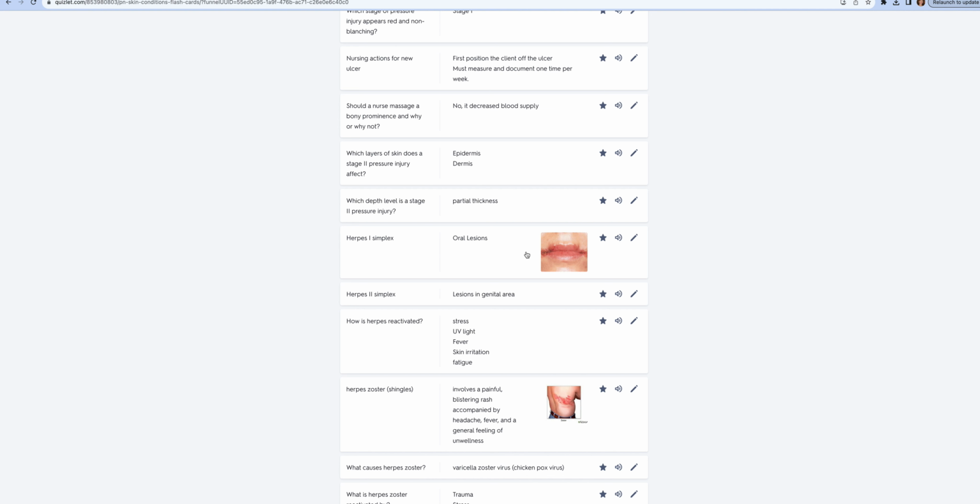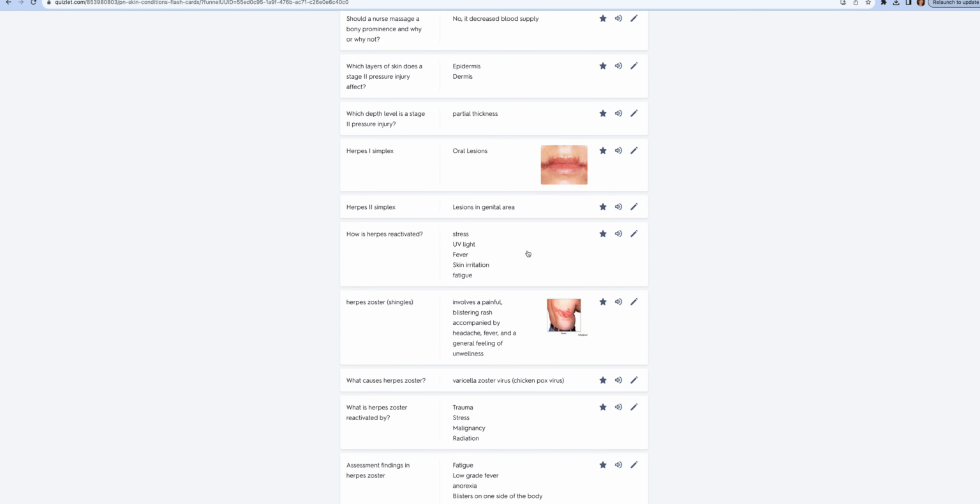Okay, but somebody with type 1 lesions can end up with type 1 lesions on their genitals if they're not careful, like they touch their lips and touch the herpes 1 simplex and then use the restroom without washing their hands, okay? They could develop herpes 1 simplex on their genitals, okay? How is it reactivated? Herpes, it's reactivated by stress, UV light, fever, any kind of skin irritation, and fatigue.